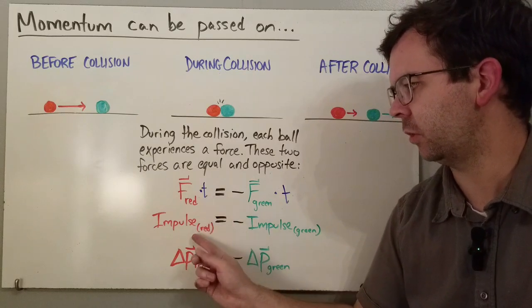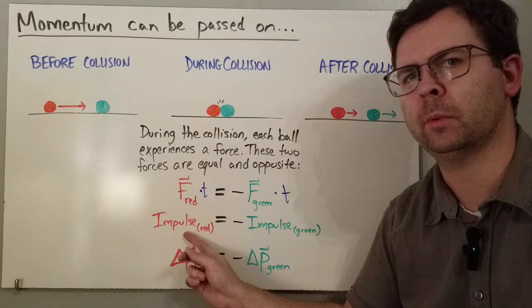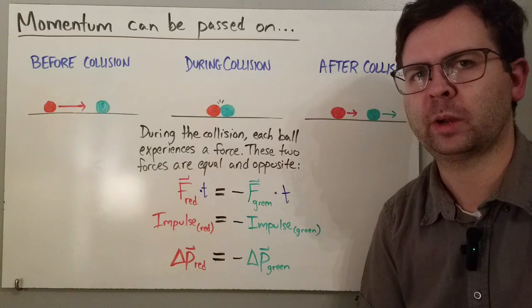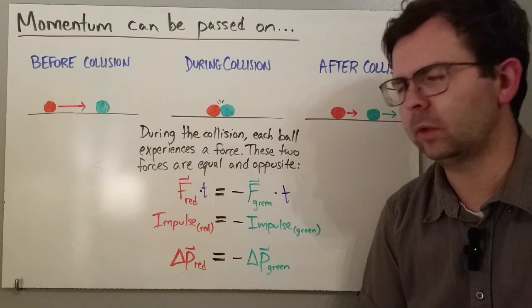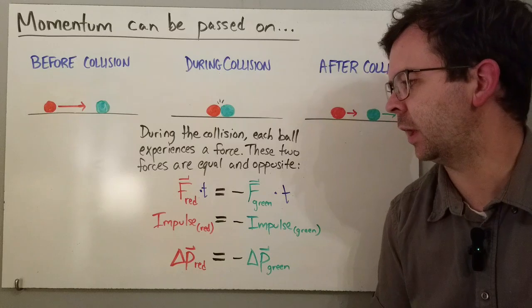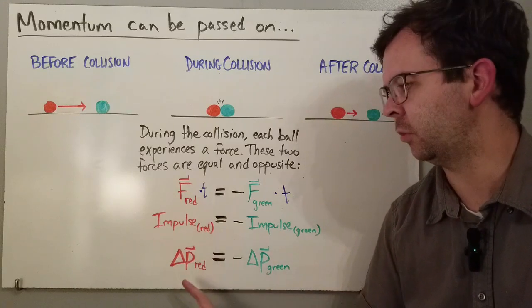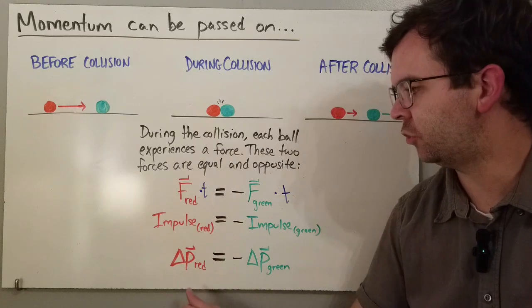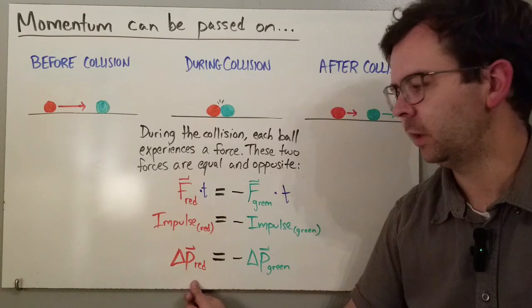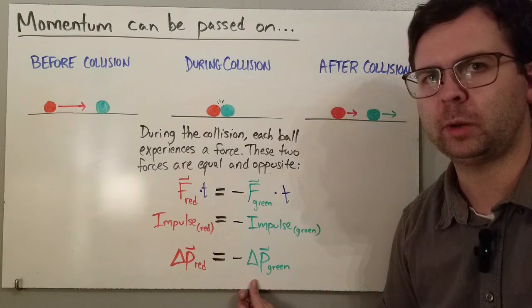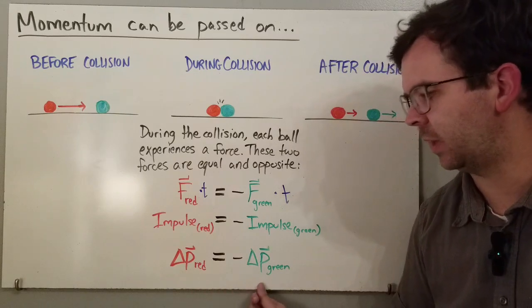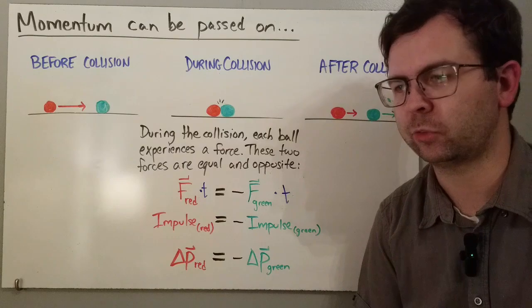And so we're essentially saying that the impulse on the red ball is equal to the impulse on the green ball, but opposite direction. And what we know about impulse is that the impulse on an object is equal to that object's change in momentum. So the change in momentum of the red ball is equal to the change in momentum of the green ball. Whatever momentum loss you have from the red ball, it's gained by the green ball and vice versa.